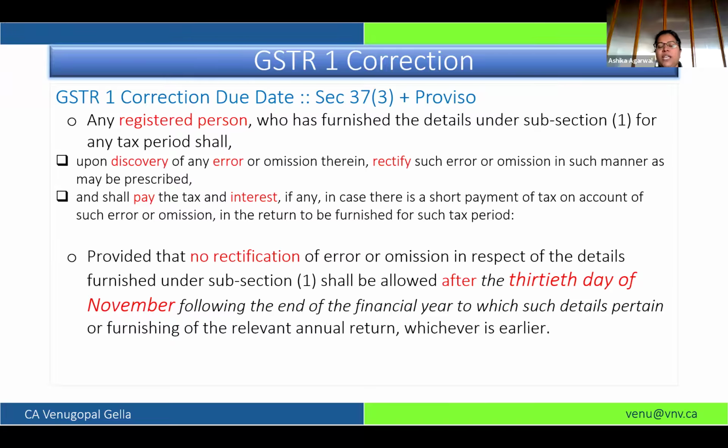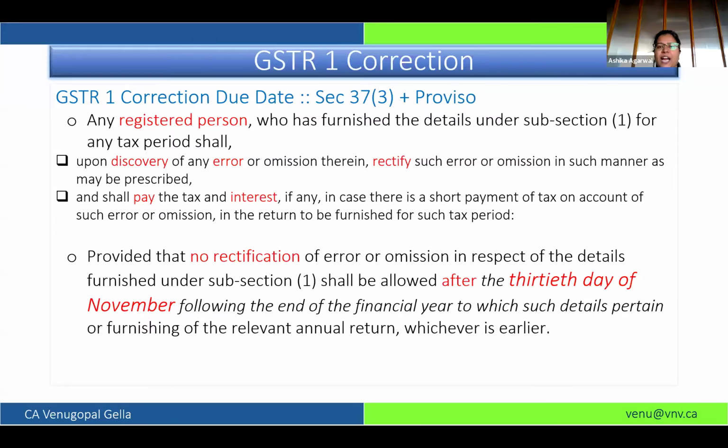But GSTR-1A, which also provides for correction in GSTR-1, has certain limitations, because GSTR-1A is applicable only for the period for which you have filed GSTR-1. So if I have filed the August GSTR-1, in 1A I can correct only for the month of August.